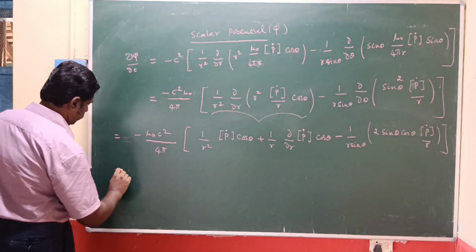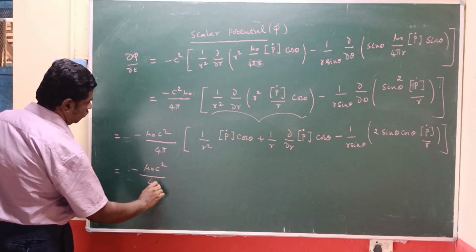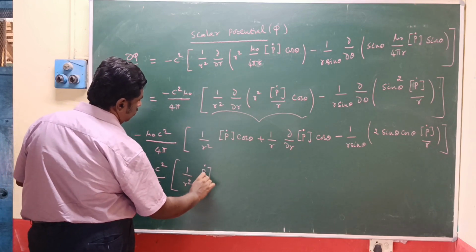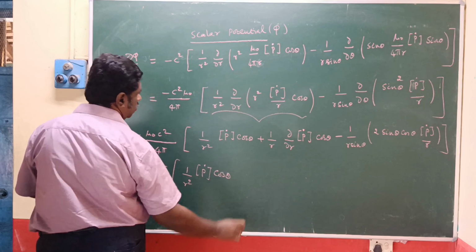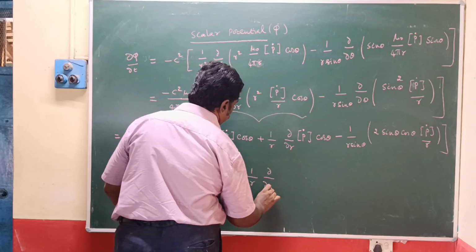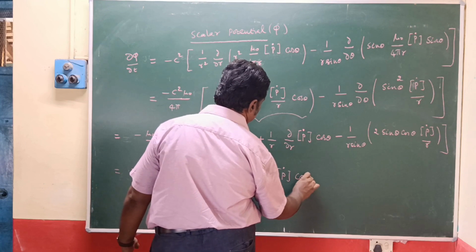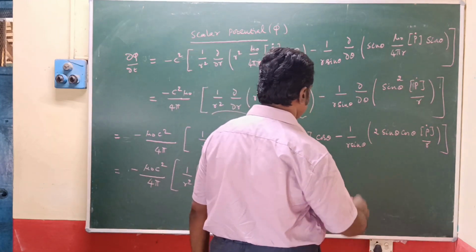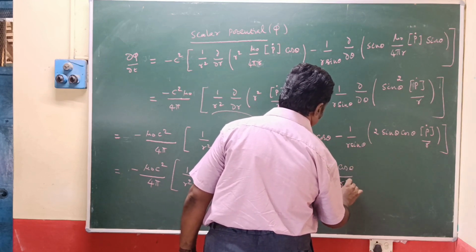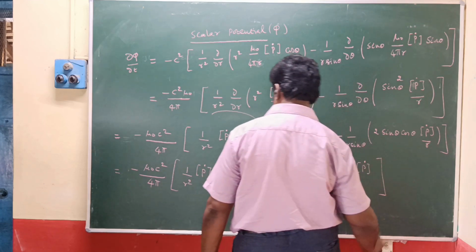This is equal to minus mu naught c square divided by 4 pi, 1 by r square P dot cos theta plus 1 by r dou by dou r of P dot, inside the square bracket, into cos theta. Here minus 2 cos theta by r square P dot, inside the square bracket.